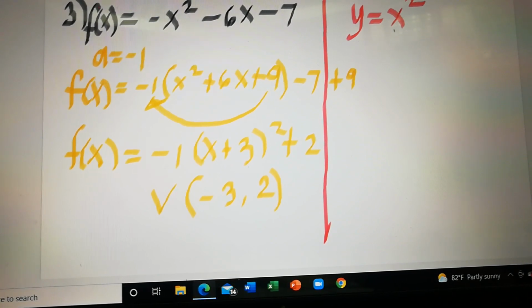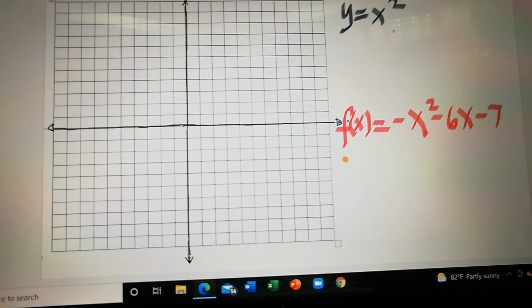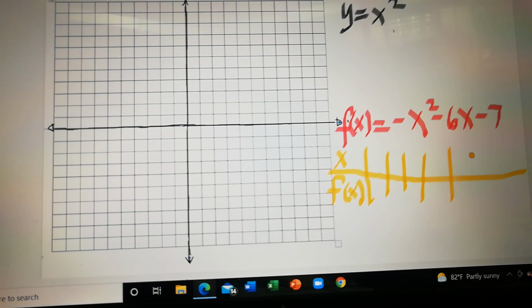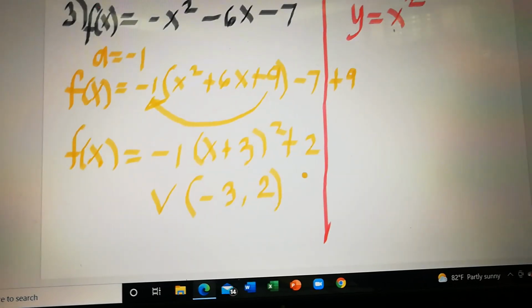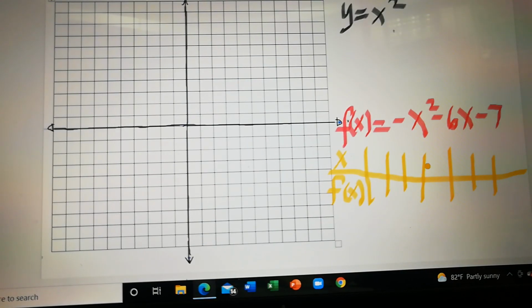Okay, so we will form the table of values. x, f of x. 1, 2, 3, vertex, 1, 2, 3. So what is the vertex? Negative 3, positive 2.